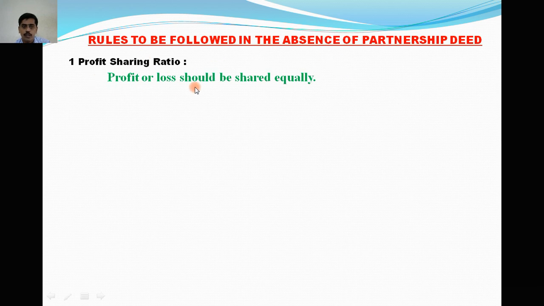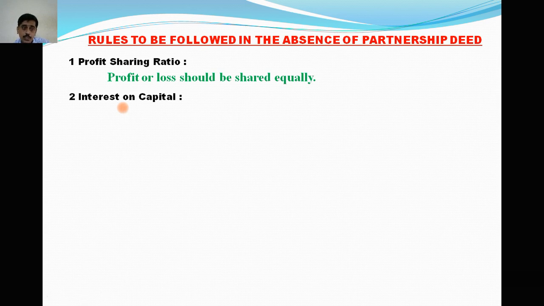You have to remember, when there is no partnership deed, how do they share profit or loss? It should be shared among the partners equally. Second one, interest on capital. Interest on capital may be paid at the rate mentioned in the partnership deed.